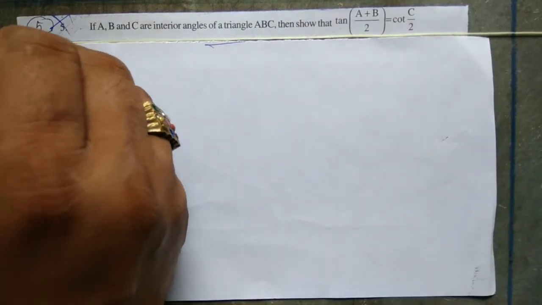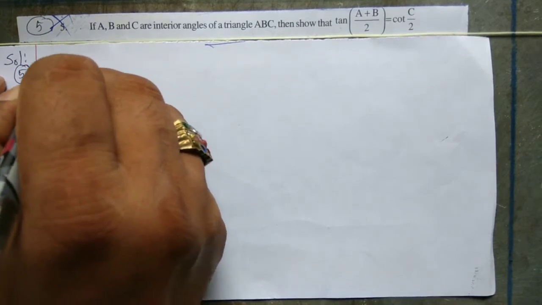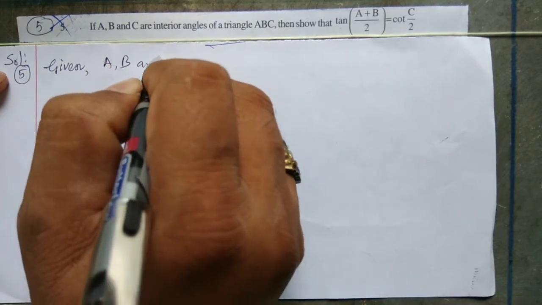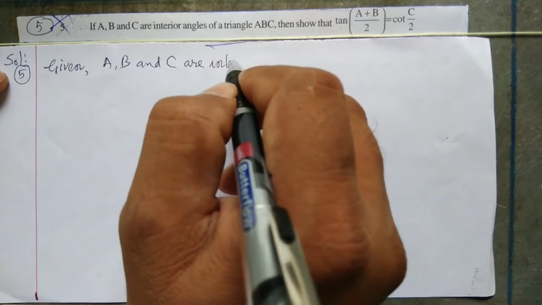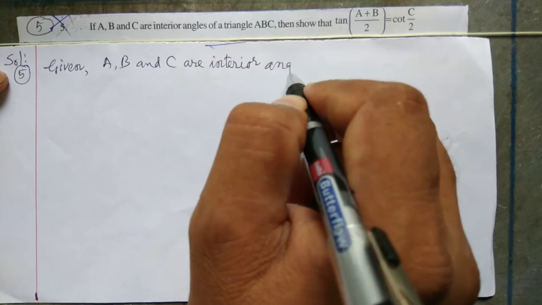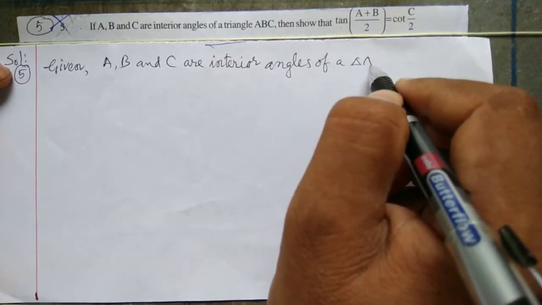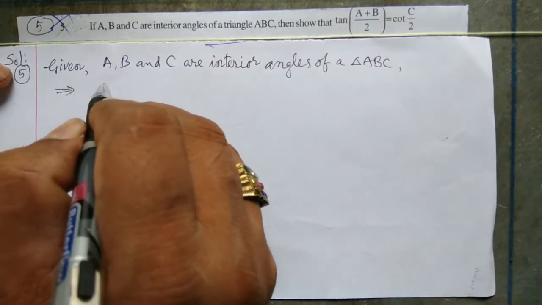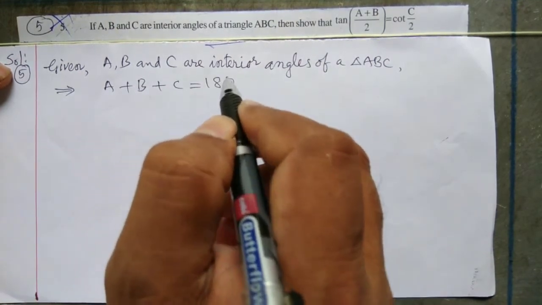Solution for fifth problem, given A, B and C are interior angles of a triangle ABC, then we can write A plus B plus C is equal to 180 degrees.